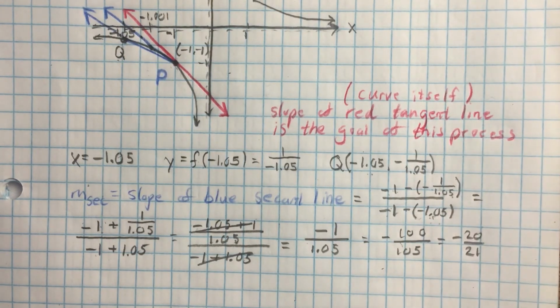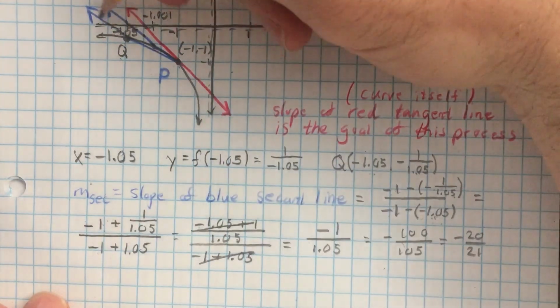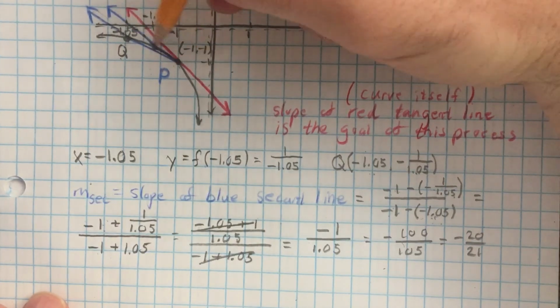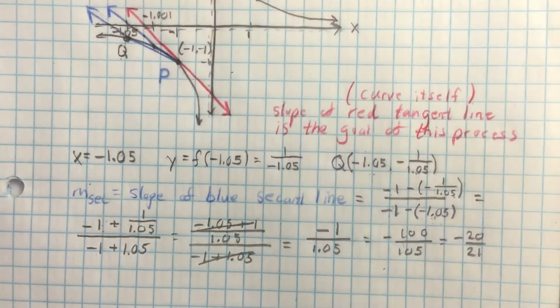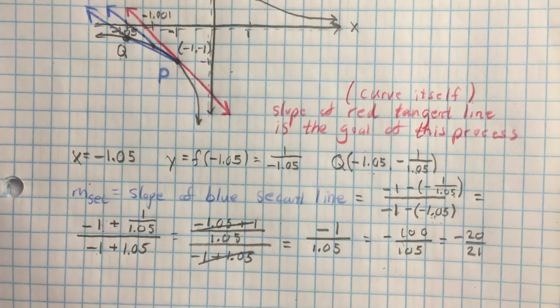Okay, so there's our answer for this first slope, this exaggerated secant line here. Its slope between Q and P as it stands at the moment is negative 20 21sts, whatever that decimal happens to be. Let me think for 1 second.